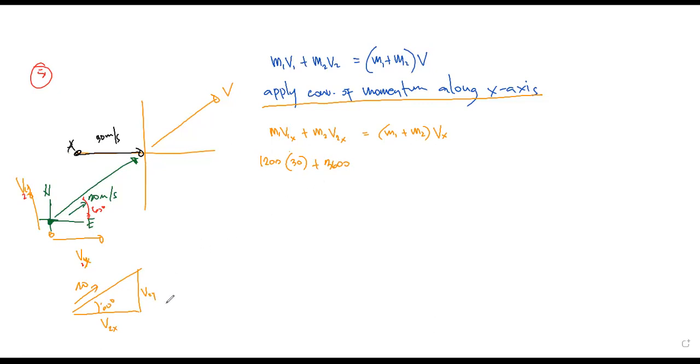So V2x would be this one. So V2x would be 20 cosine of 60. That is equivalent to m1 plus m2, that's 4,800, multiplied by the x component of the velocity after the collision.